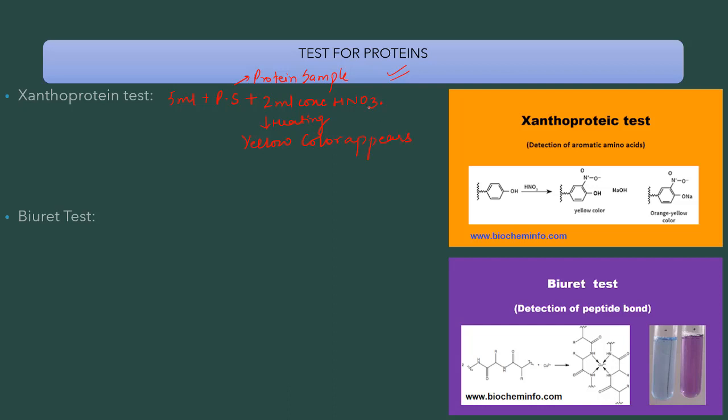Then we cool it and add excess of 20% NH4OH or NaOH. An orange color is formed.